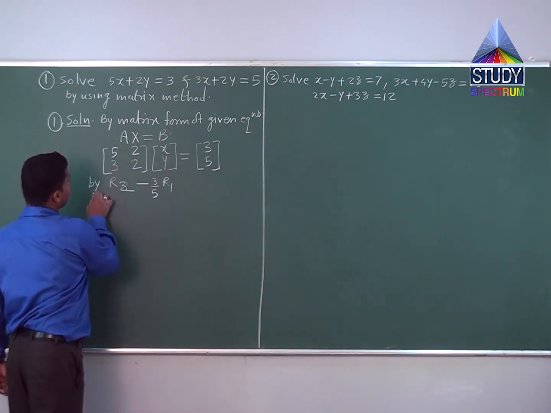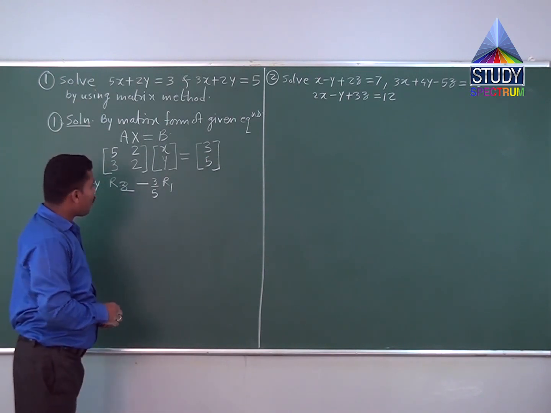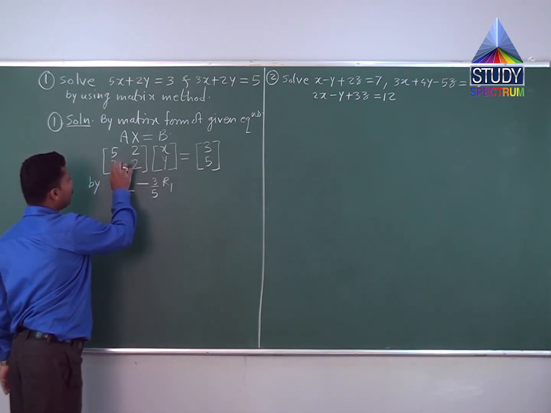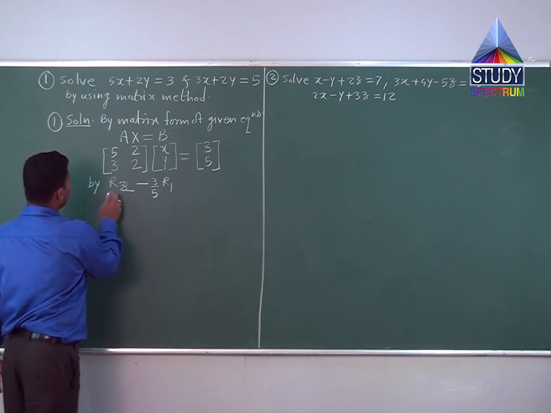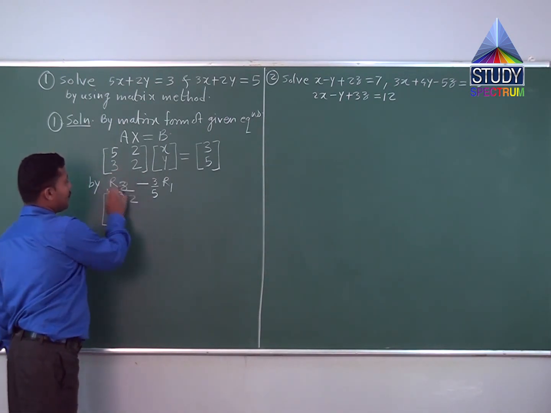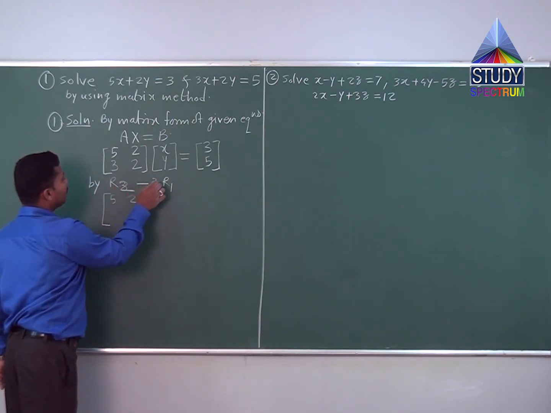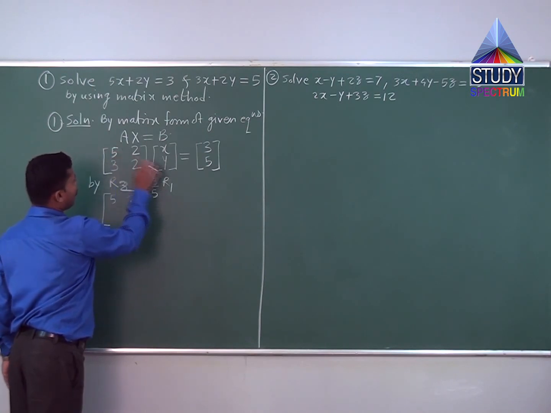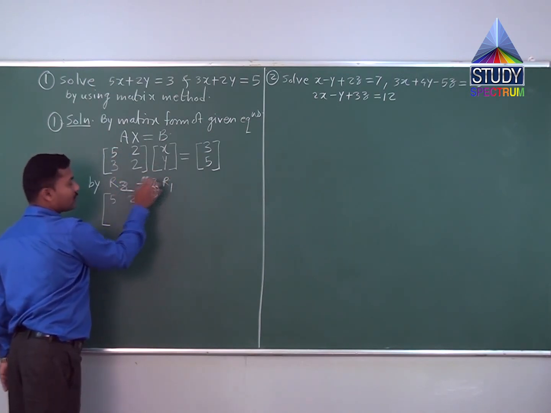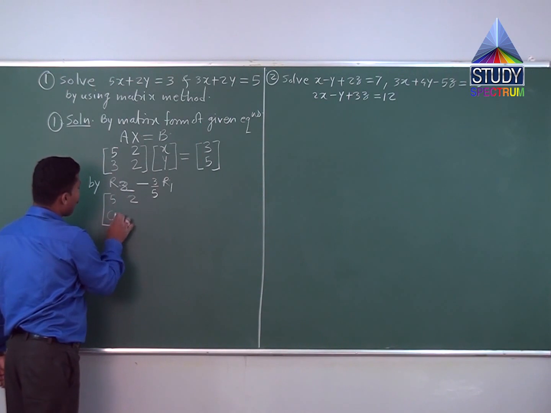So by R2 minus 3 upon 5 R1 we make this number a 0. The first row stays as it is because the change is only in the second row. So 3 minus 3 upon 5 times 5, the 5 cancels, 3 minus 3 is 0.